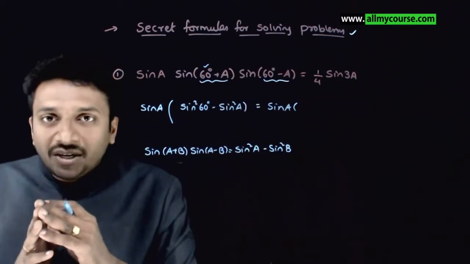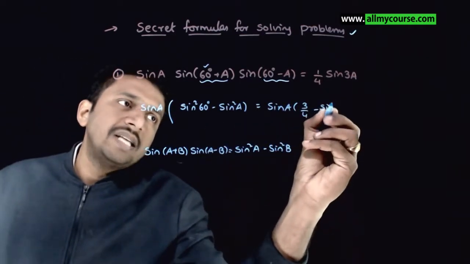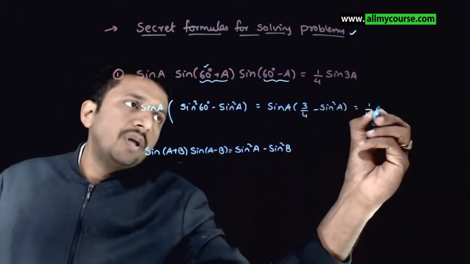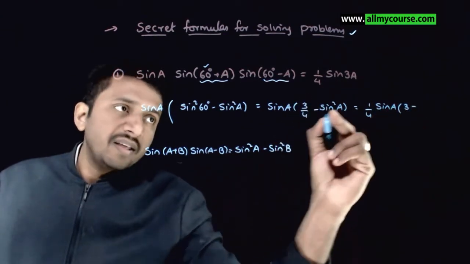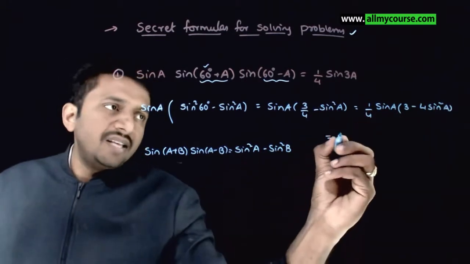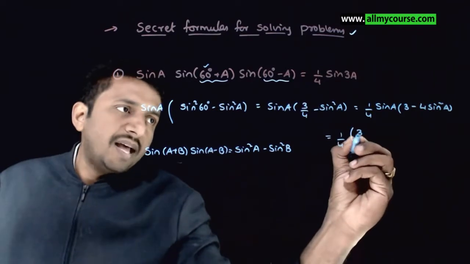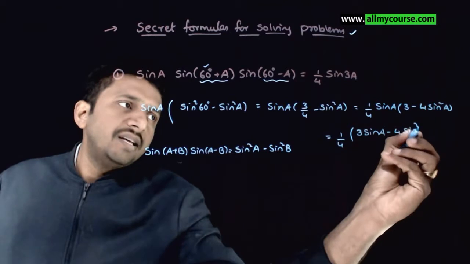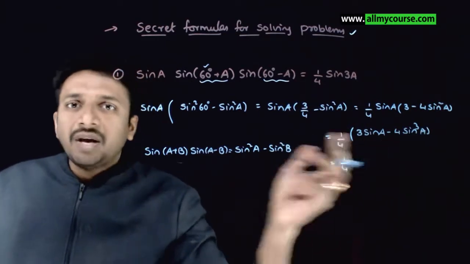Sine 60 is root 3 by 2, so sine square 60 is 3 by 4 minus sine square A. If I take the LCM here, that is equal to 1/4 of sine A times 3 minus 4 sine square A. And this is equal to 1/4 of, if I multiply the bracket, 3 sine A minus 4 sine cube A, right?